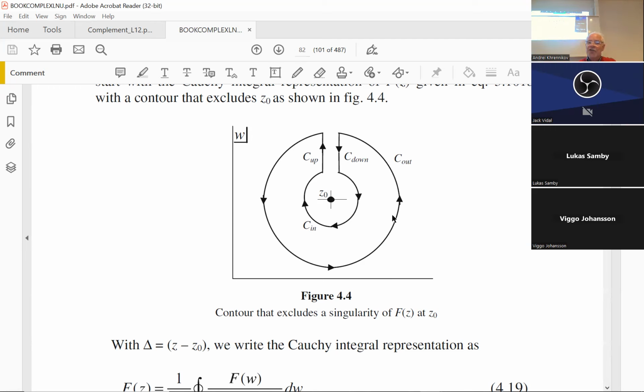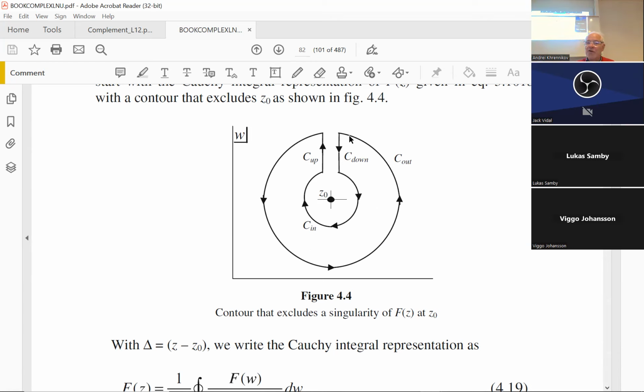And you see, if we take the counterclockwise direction, when we go here, it would be clockwise. So you should understand why the outer contour and the inner contour always have different orientation, because it comes from this picture. In this picture, this was one contour, and this contour was counterclockwise.